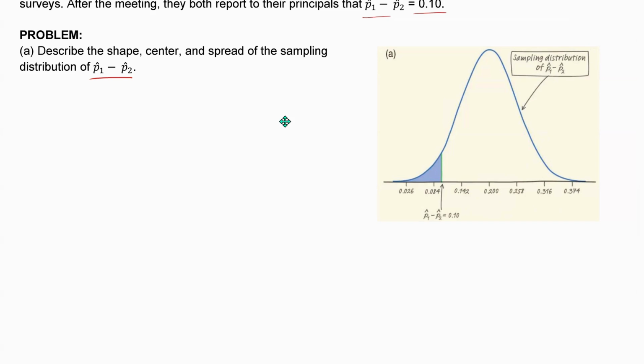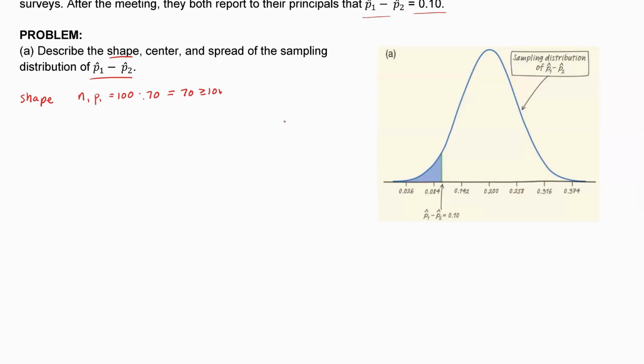Shape. Well, if we want to talk about the shape, we would first ask, do we expect the distribution of p hat 1 to be normal? If I sample 100 from that population with a population proportion of 70 percent, I expect to see 70 successes.